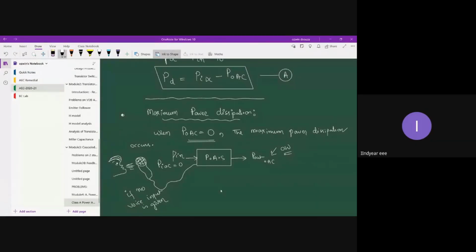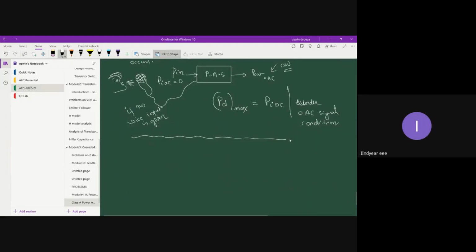So when P naught AC is 0, PD becomes maximum, and the maximum power dissipation occurs under 0 AC input condition, under 0 AC signal condition. So that's the expression for maximum power dissipation for a class A power amplifier circuit.